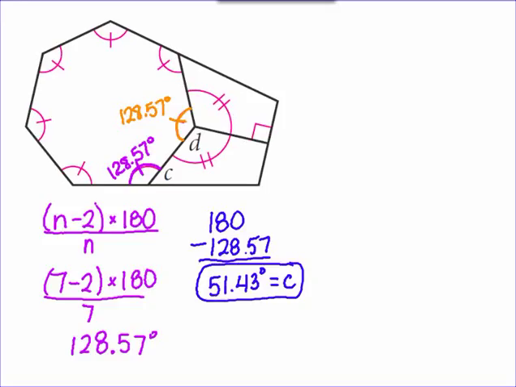If you didn't catch what Lauren said, I've got a circle here. A circle measures 360 degrees. So if I take that 360 and subtract from it 128.57, that's going to tell me how many degrees I have left. How many degrees do I have left?